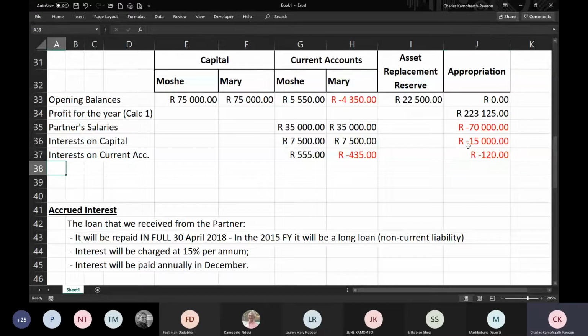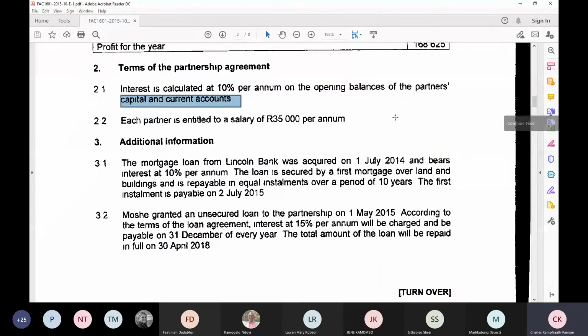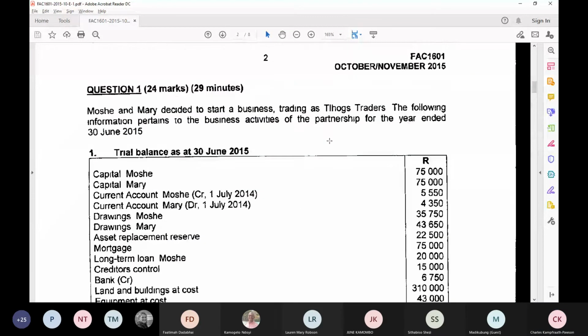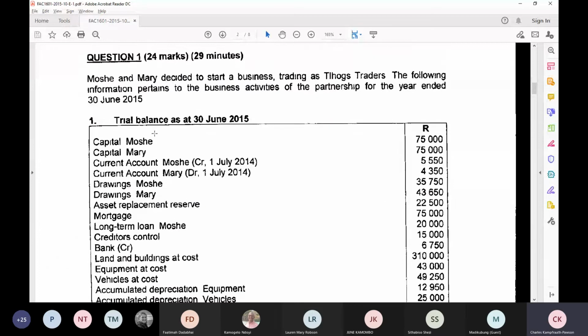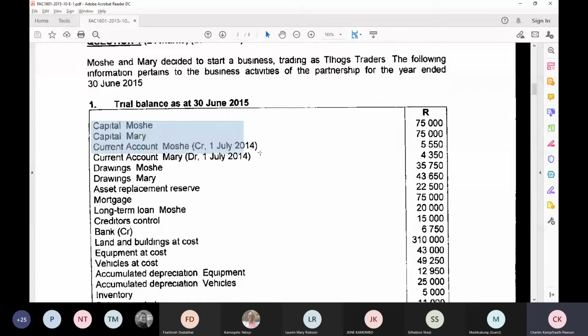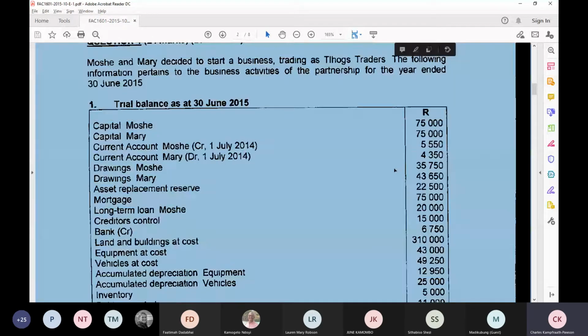And now we get to the distribution of the appropriation account to the partners. So when will you know what to do there? If you look at their capital situation, they own an equal portion.